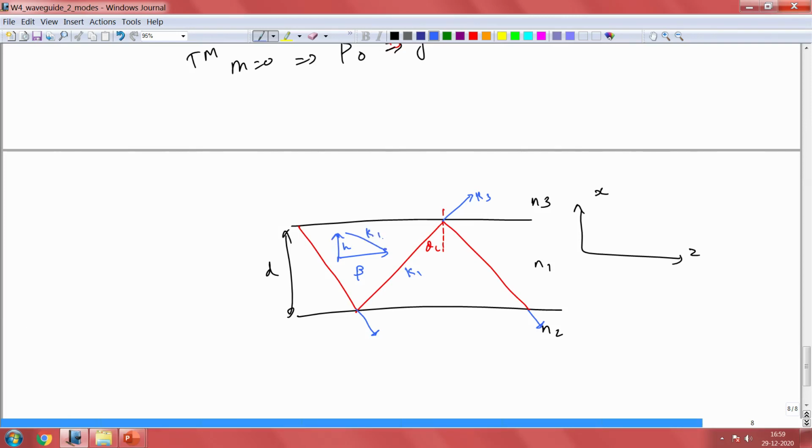Okay. So, there is one way. So, I think this might be a little confusing, let me do it this way. So, this is h and this is k1, and outside again we have beta, this is k3 and this is k3x, let us say. Okay.